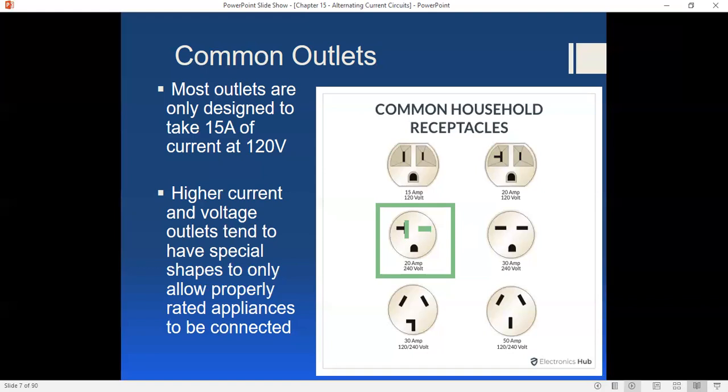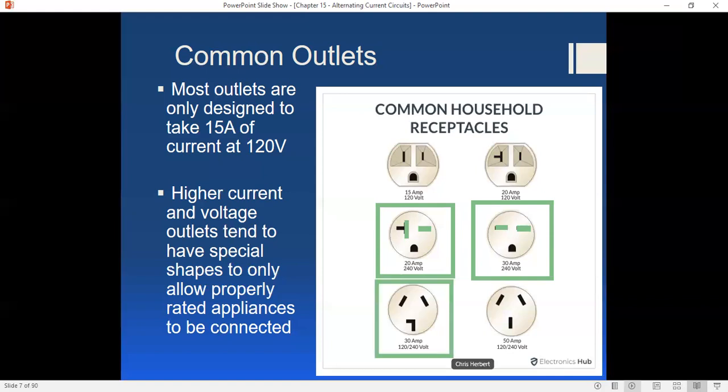If we bump up to 30 amps, both prongs, both the neutral and the hot, are going to be horizontal. And then for higher amounts, the shape will be different, such that the prongs are at angles that correspond to the proper current amounts, okay?